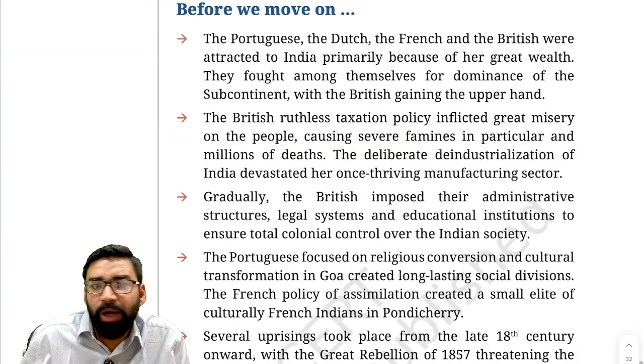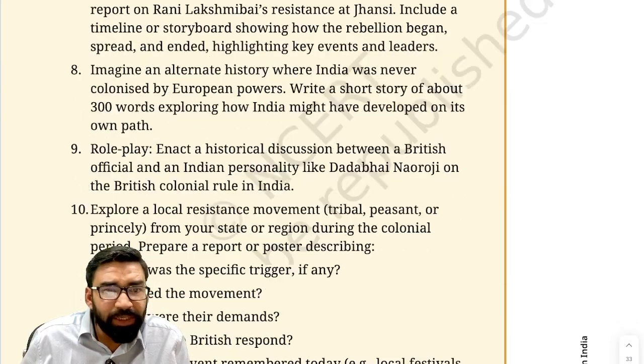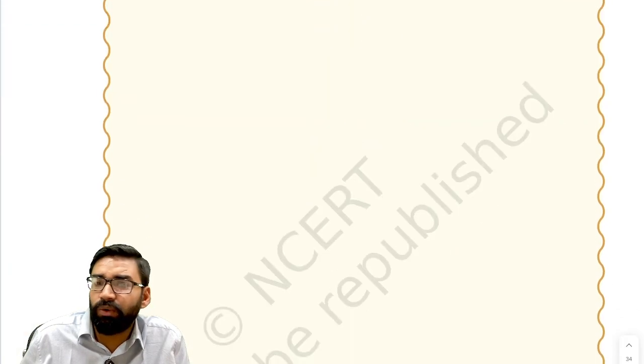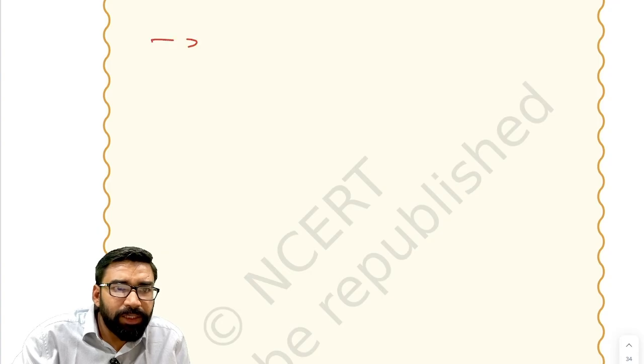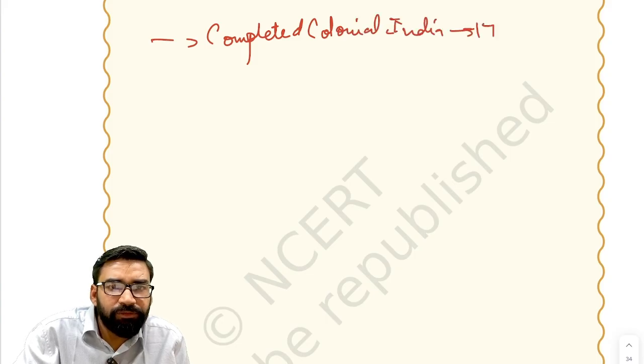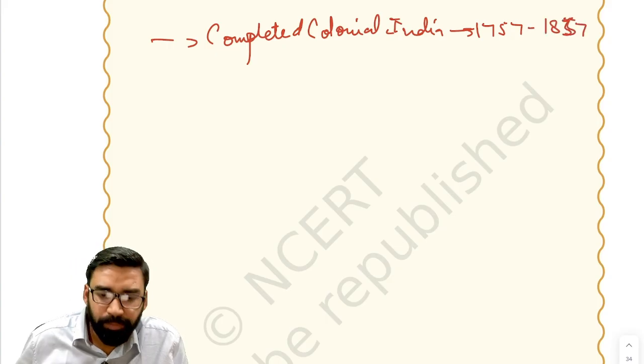So this is all about this chapter. So finally we have completed this chapter, and in this chapter what are the things that we have discussed? We talked about colonial India from 1757 to 1857 and the exploitative policies of the British.